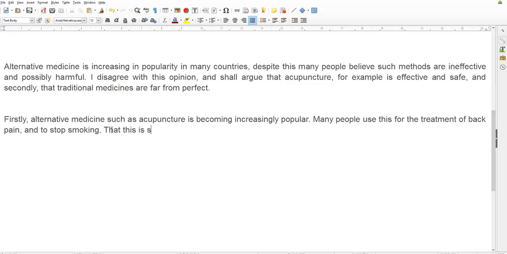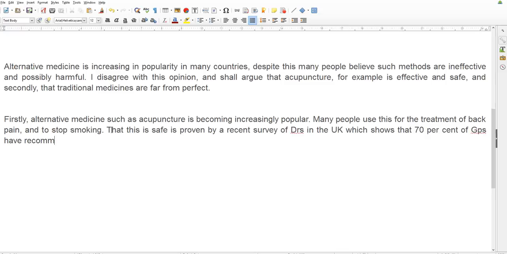That this is safe is proven by a recent survey of doctors in the UK, which shows that 70% of GPs, that's general practitioners, of doctors, have recommended this treatment to their patients.